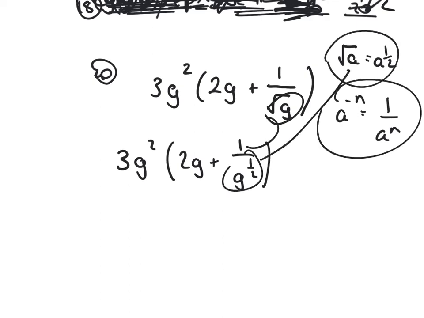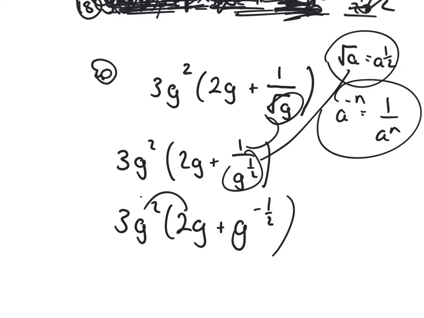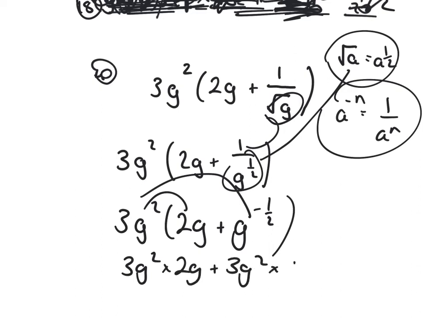I'm now going to use this rule. 3g squared bracket 2g plus g to the minus 1/2. So it's 3g squared multiplied by 2g plus 3g squared multiplied by g to the minus 1/2.